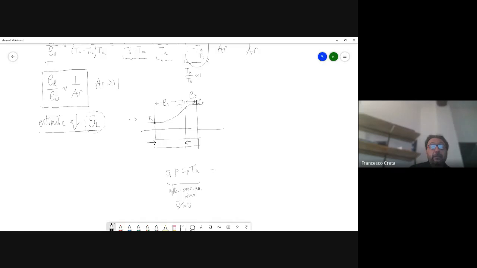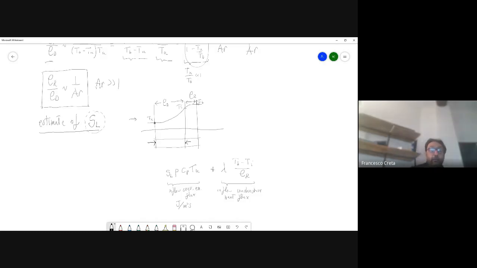So we will add a conductive or diffusive, if you will, inflow flux from the reaction zone, which is essentially conductivity and then a gradient of temperature, which is simply Tb minus Ti divided by Lr. So this is the inflow conductive heat flux from the reaction zone.